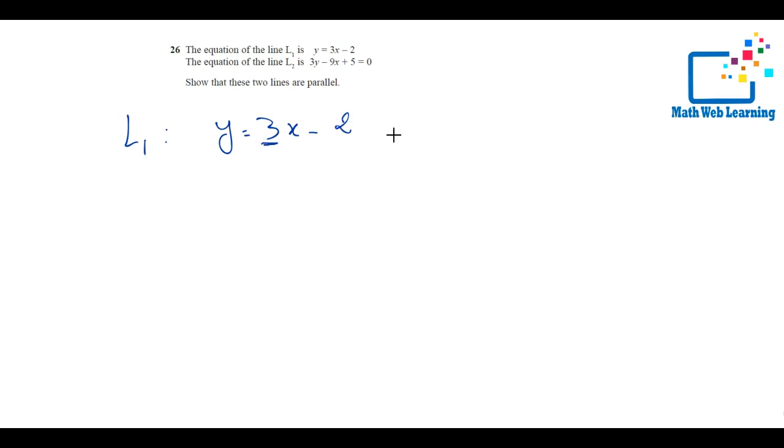So we're going to call it M1 is equal to 3. Fantastic. What I'm trying to do is find the gradient of L2. I'm going to say the gradient of L2 is equal to the gradient of L1. So therefore, the two lines are parallel. That's the basic idea, okay? That's how we're going to do it.